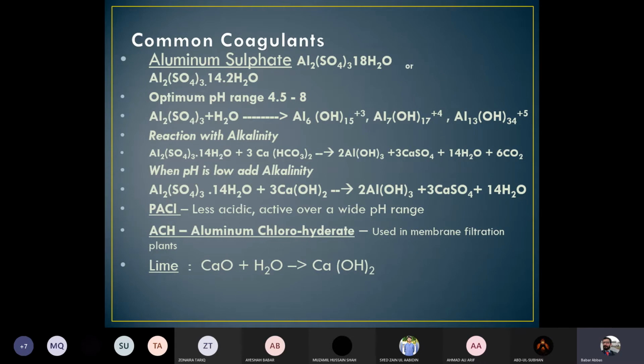Similarly, we have PACl, less acidic, active over a wide range of pH. ACH, aluminum chlorohydrate, used in membrane filtration plants. Lime, again used in water treatment facilities.